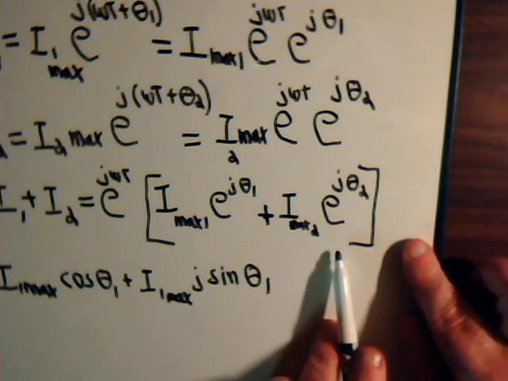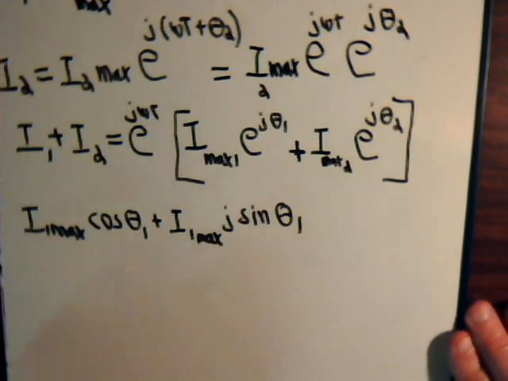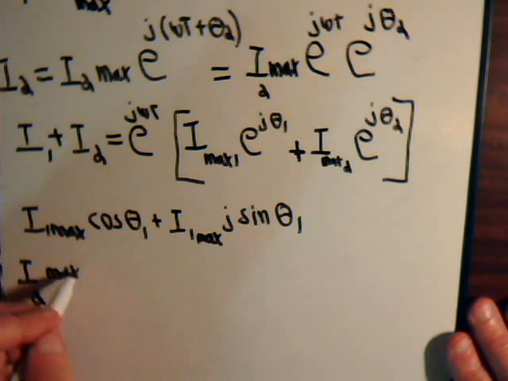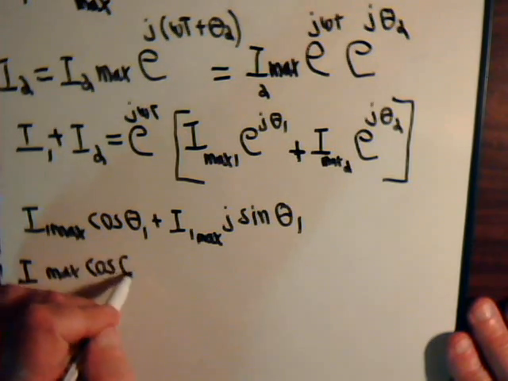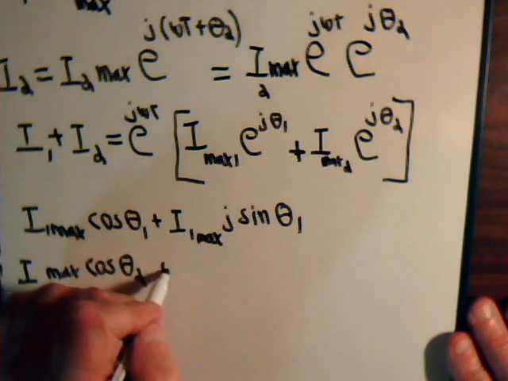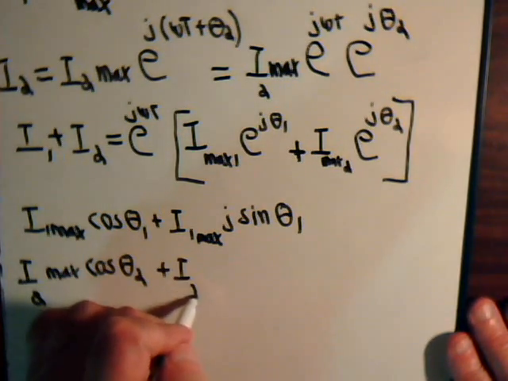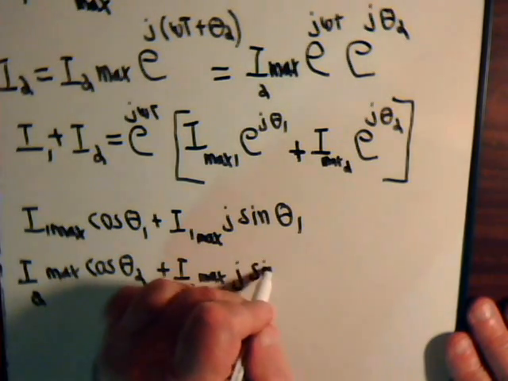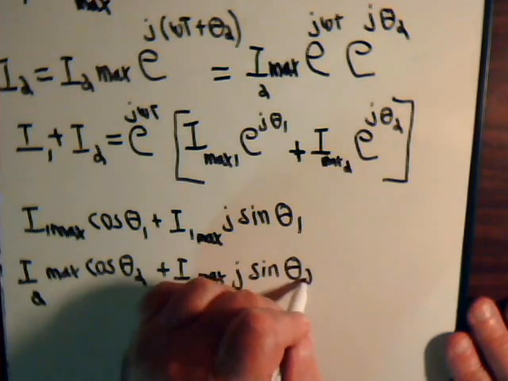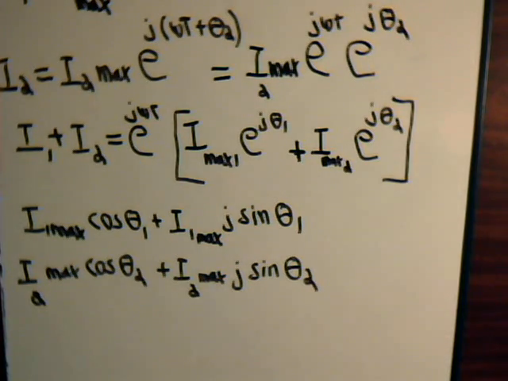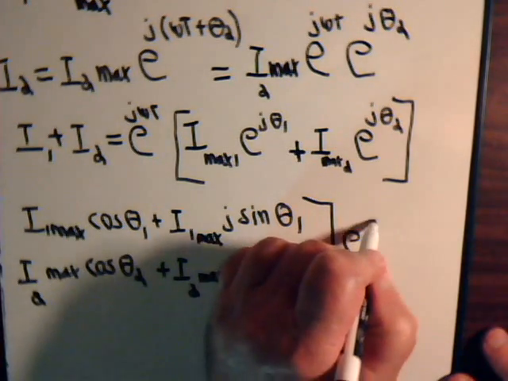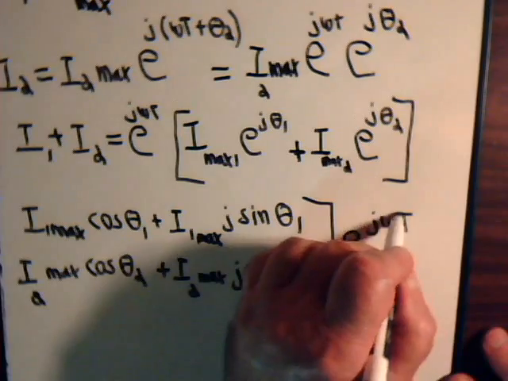And from here, this will be I max 2 times the cosine of theta 2 plus I2 max j times the sine of theta 2. And these are both multiplied by e to the j omega t.